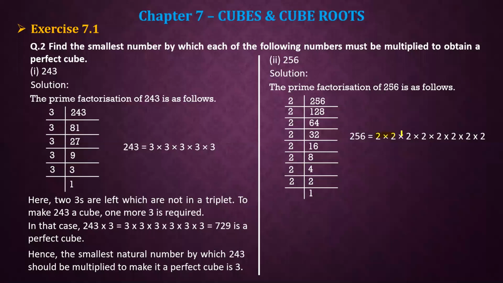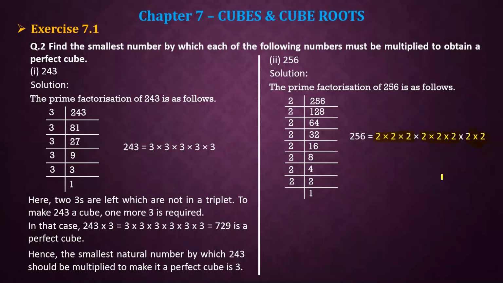We can form the first triplet. Now we are going to try the second triplet. The second triplet is also possible. But now we cannot form the third triplet. The third triplet is incomplete, and in that third triplet, the prime factor is 2.